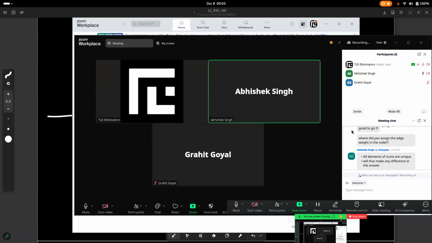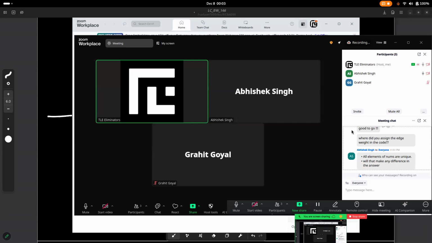Excuse me, sir. If the values are equal, like if there are two values 10 and 10, that is satisfying the condition that their LCM is less than or equal to threshold. In that case, you can connect them.